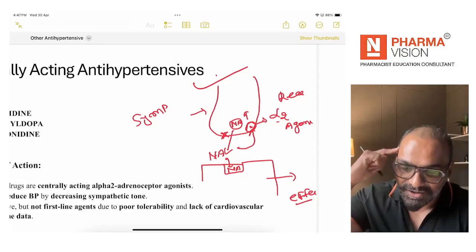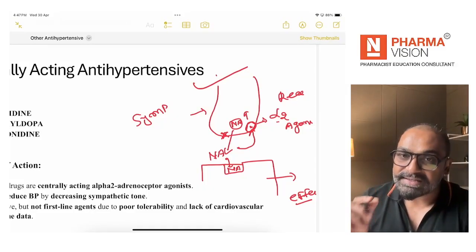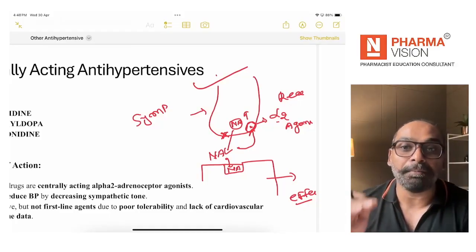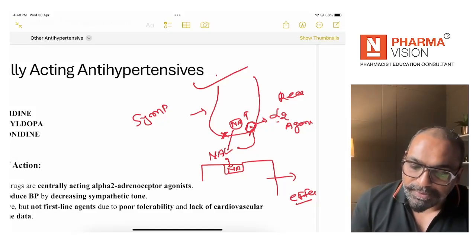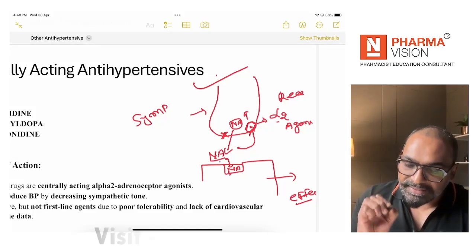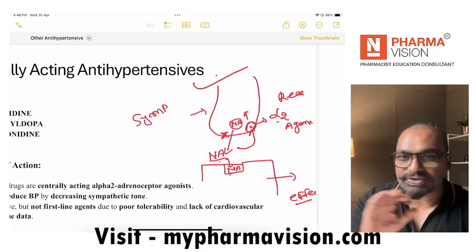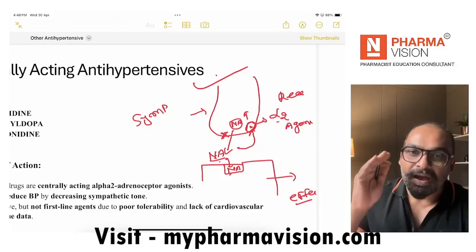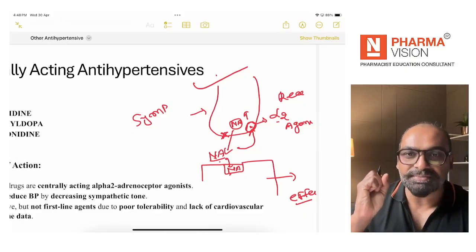This alpha 2 receptor is in the central compartment. It is a negative feedback mechanism receptor, and so they stop releasing noradrenaline. If the noradrenaline is not released, the beta 1 receptor mediated cardiac contraction is minimized, and peripheral alpha 1 receptor mediated vasoconstriction is minimized.